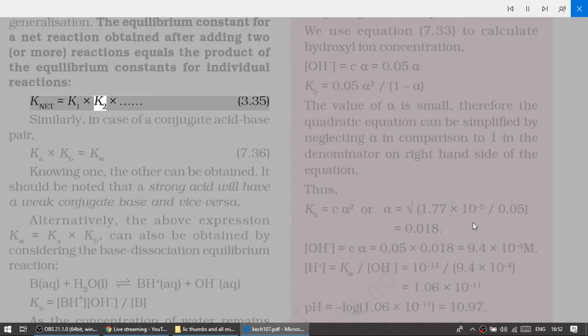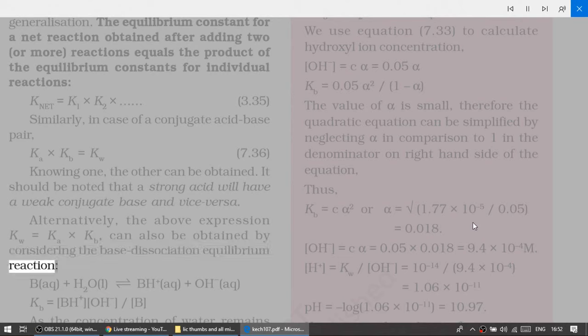Knet = K1 × K2 × K3 ... Similarly, in case of a conjugate acid-base pair, Ka × Kb = Kw, so knowing one, the other can be obtained. It should be noted that a strong acid will have a weak conjugate base and vice versa.